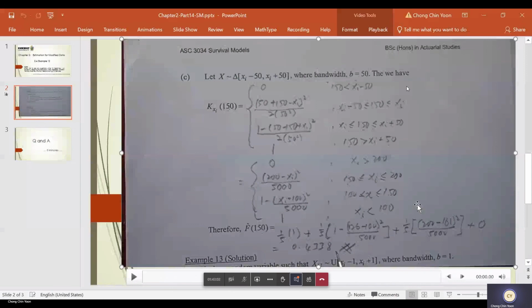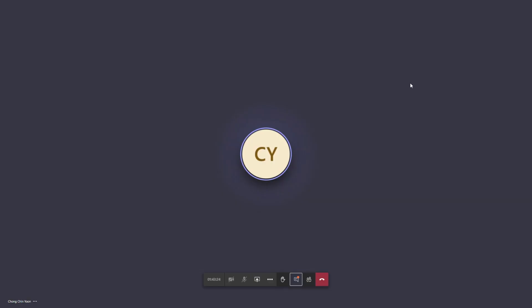Remember, this kernel distribution is actually, the original problem is discrete. We smoothed the graph, so it became continuous. Now we have done this example 12. Do not forget to check in your attendance. I share the attendance.